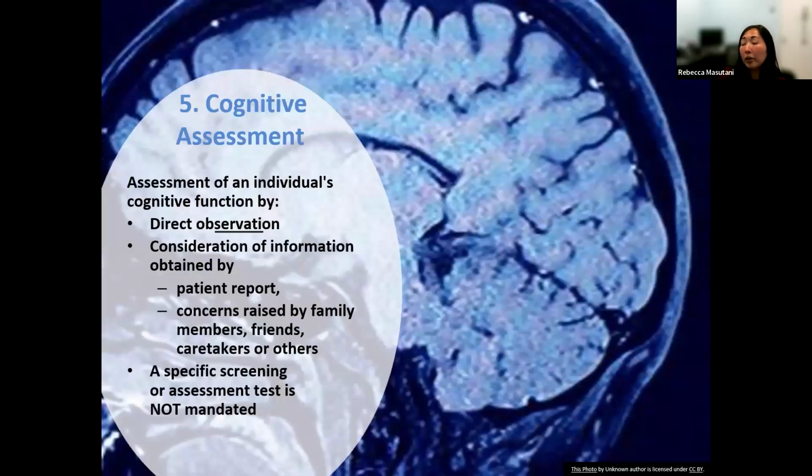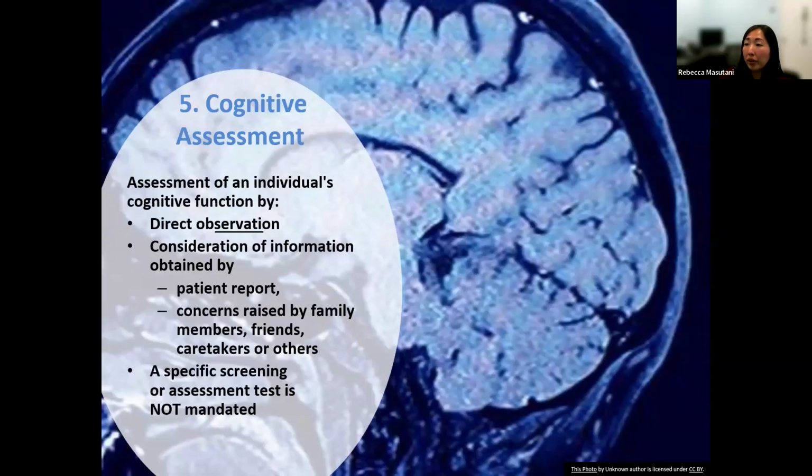The IPPE and also annual wellness visit should also include a cognitive assessment, which is defined as direct observation, consideration of information obtained from the patient or caregiver, and this can include patient reports or concerns raised by people around the patient.